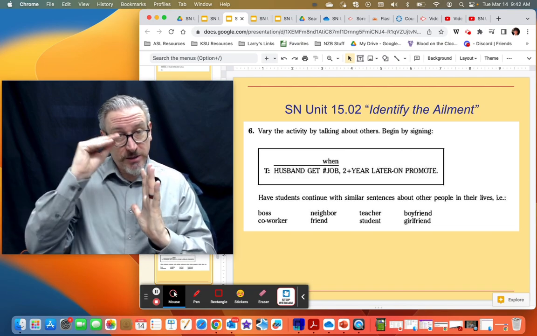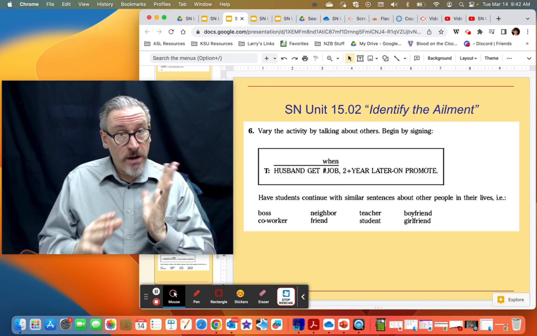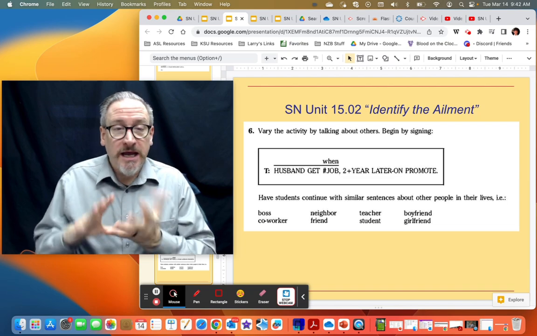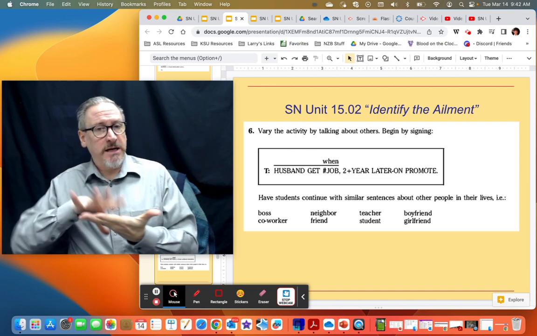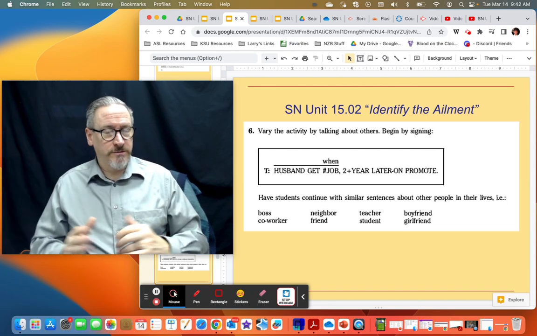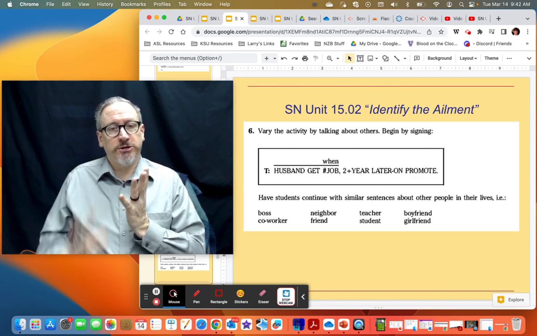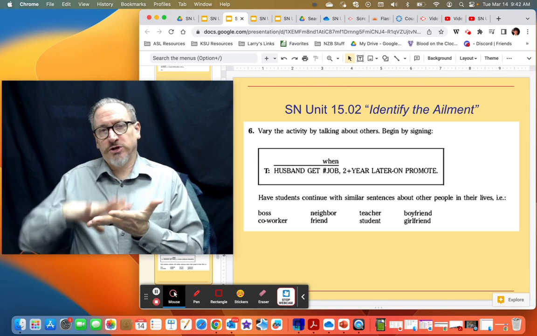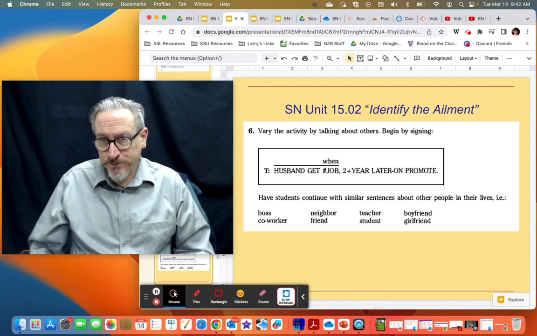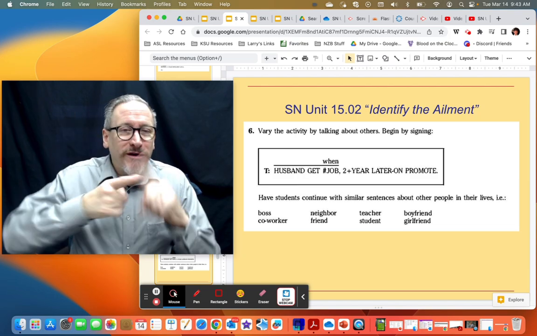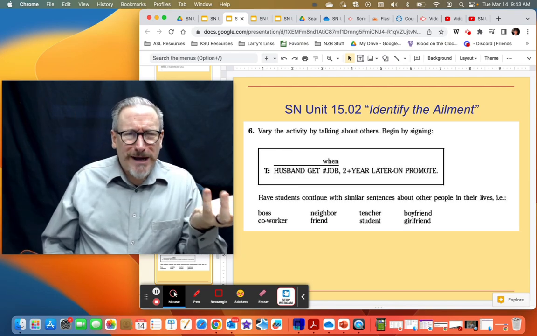Now I'm saying student this way, which is a bit of an evolution of it. Right? It's not student. That's the formal sign. Student, learn person, student, and you can see where it comes from. Student. Boyfriend, girlfriend, very old-fashioned signs.